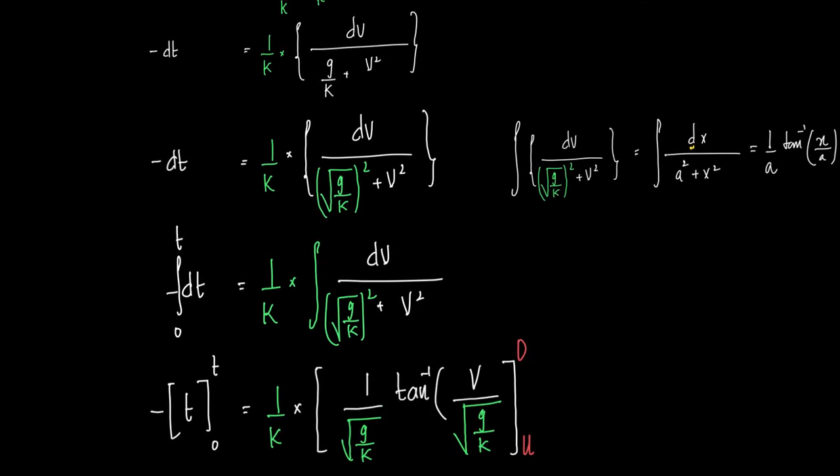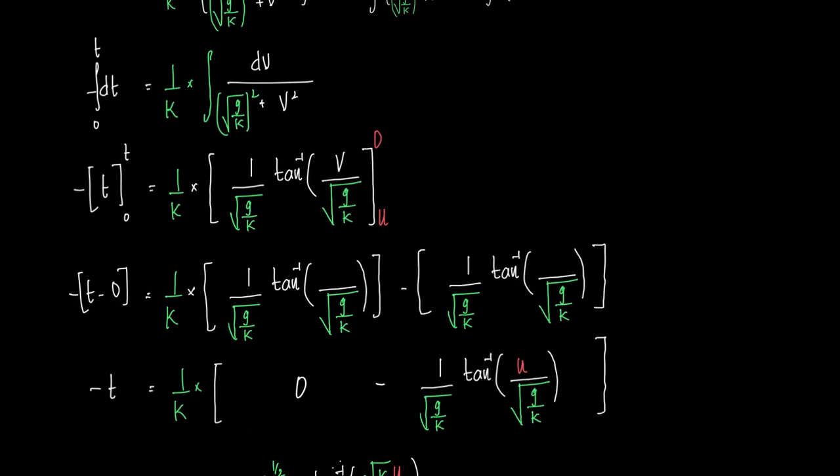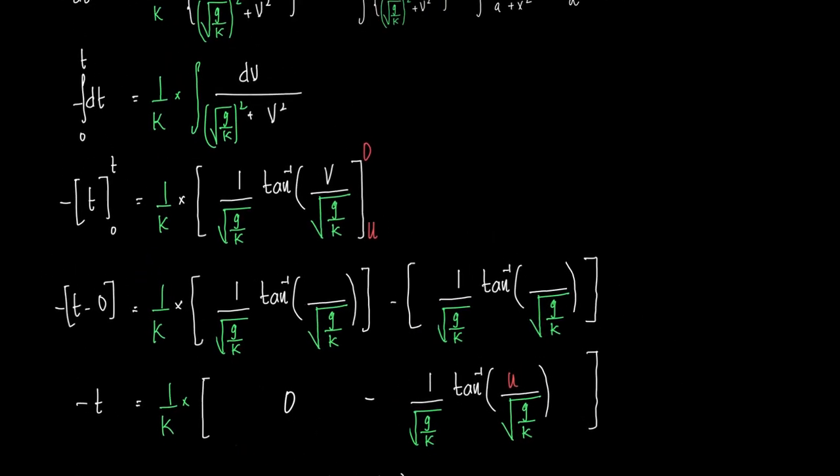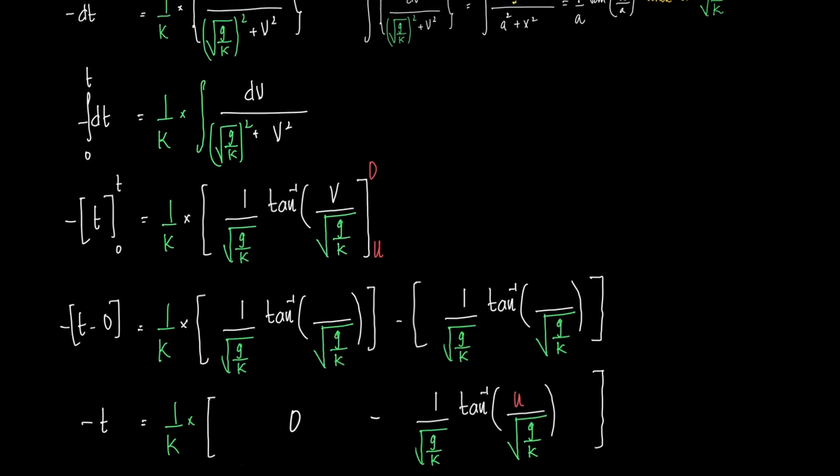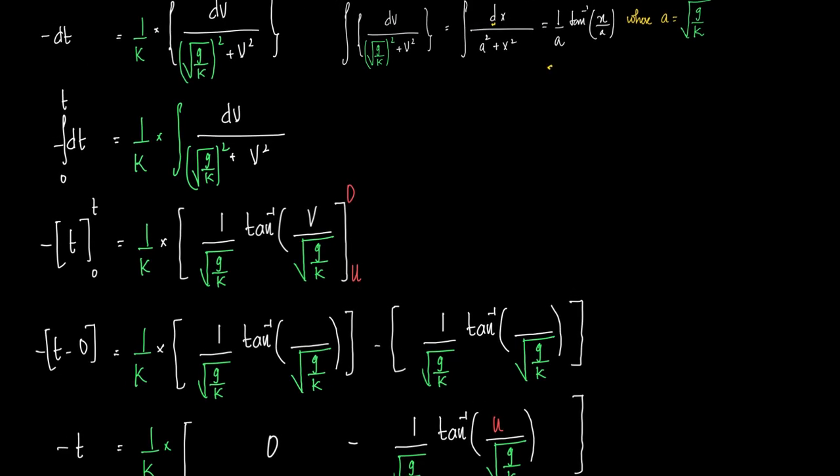So if we do the integration part, we know the integral is 1 by a tan inverse x by a, where a is equal to root of g by k. So we have 1 by k into the integral dv by root of g by k. Now what is the value of this integral?